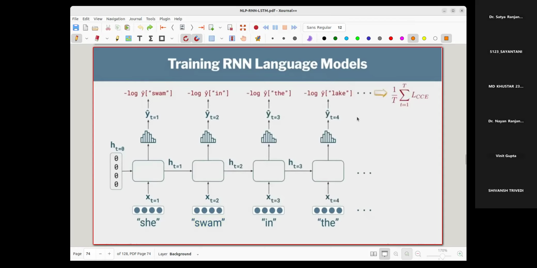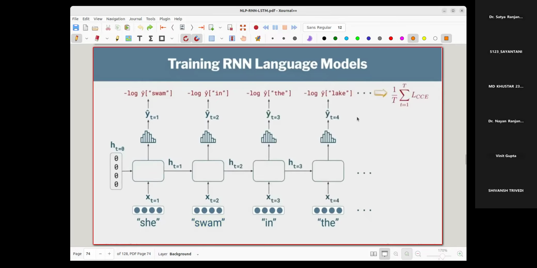For example, at time step T3, at H T2, C swam is already there, and I want to produce the next word. Actually the next word is in, but when you give this, it may give something else. It should have produced in. If it is not producing in, it will produce some other word.